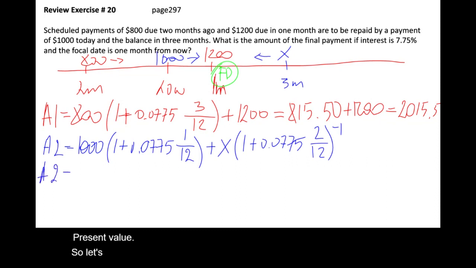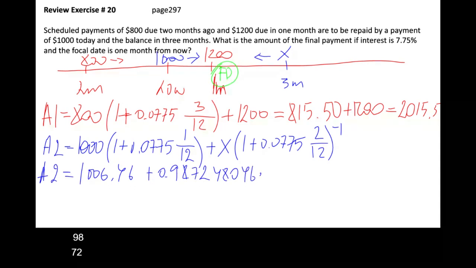So let's calculate agreement 2. 1006.46 plus X times 0.9872. Okay, that is agreement 2.